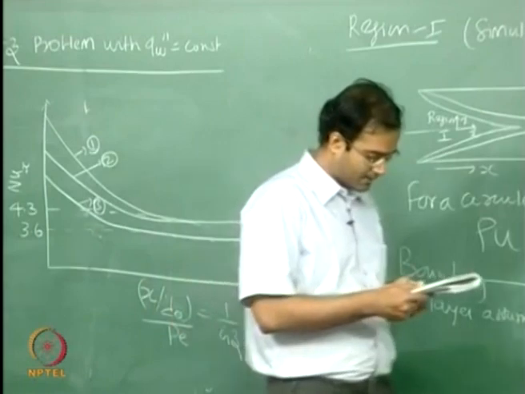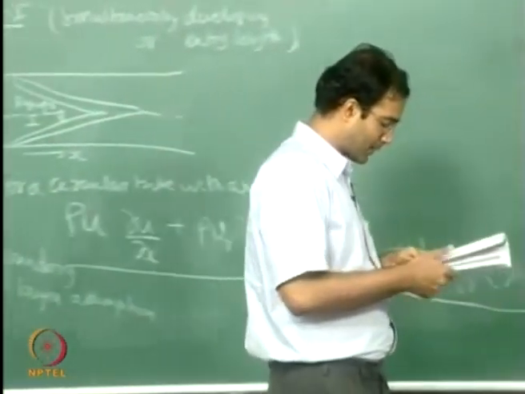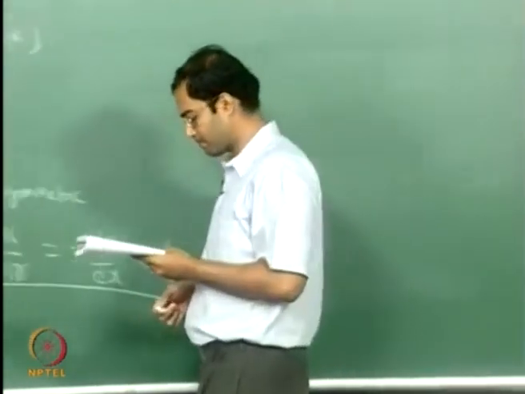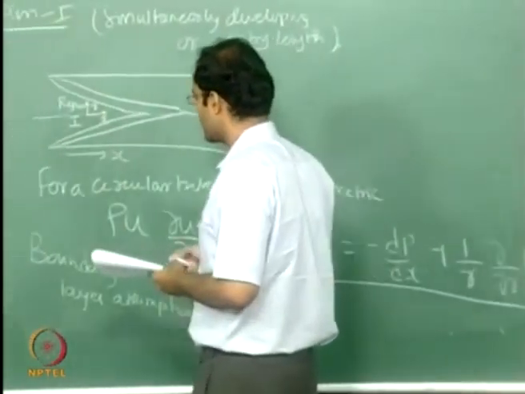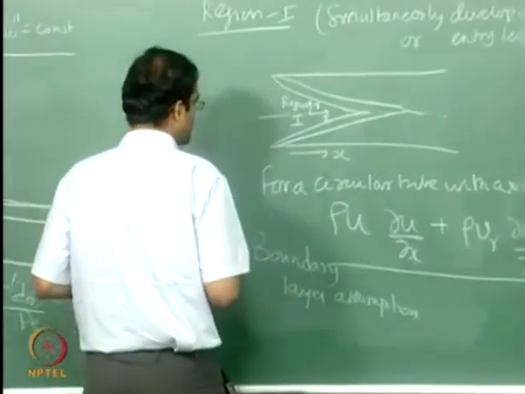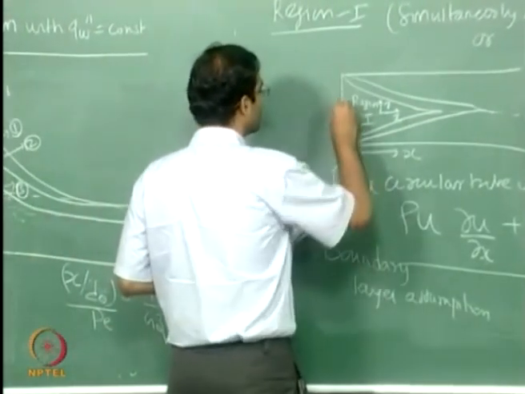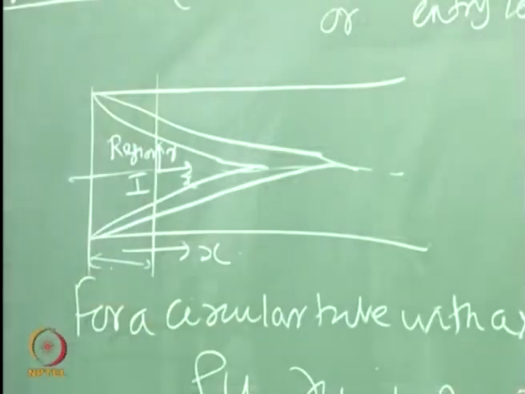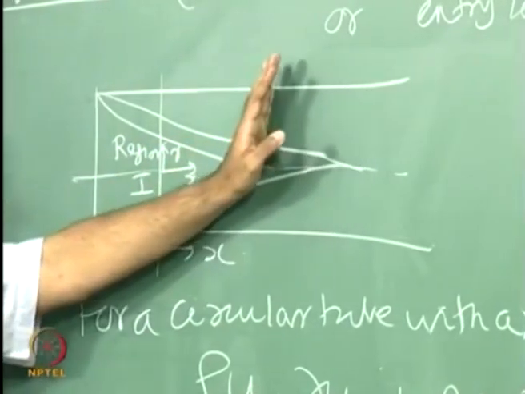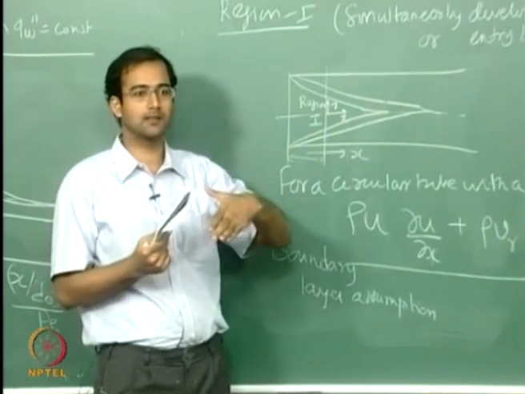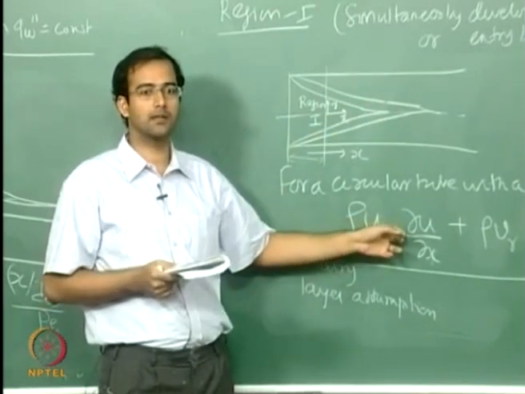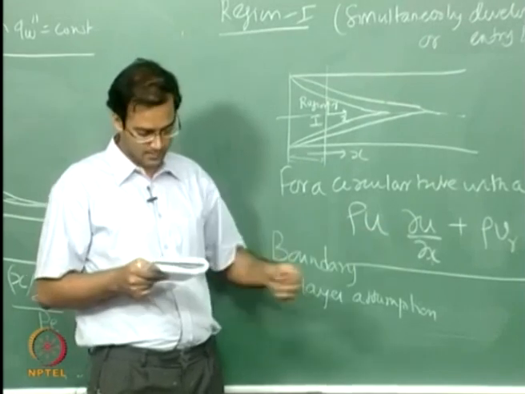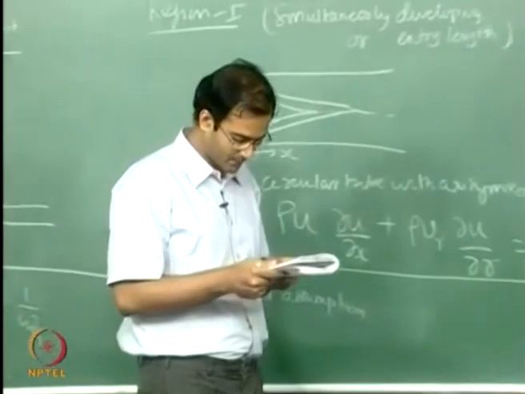But you can still get some kind of an approximate solution if you solve this equation for the velocity profile, but this boundary layer assumption is valid only when you are close to the entry length. If you move far away, once the two boundary layers start to merge, then the boundary layer assumption will not be valid anymore, okay. So this is what comes out of it.